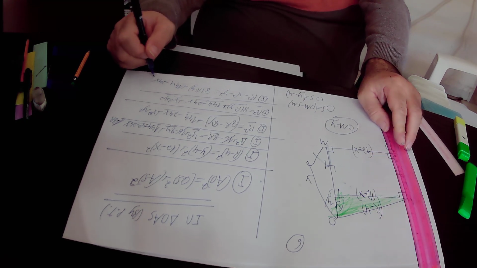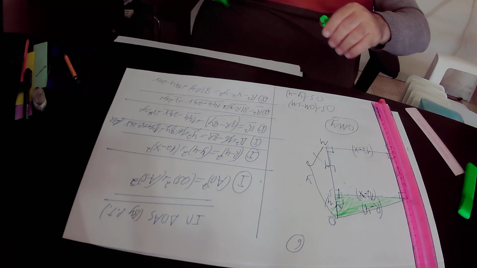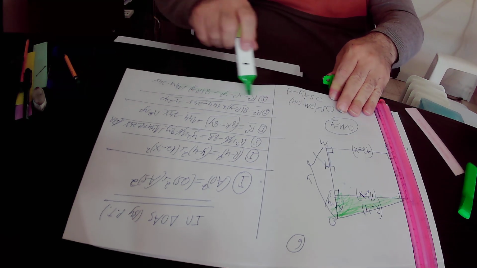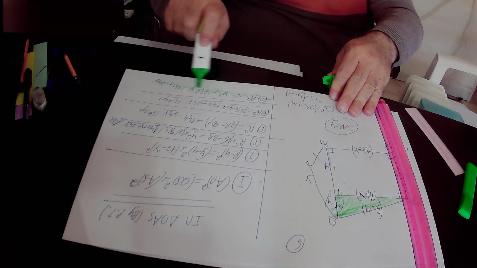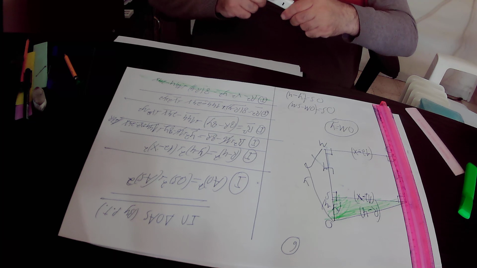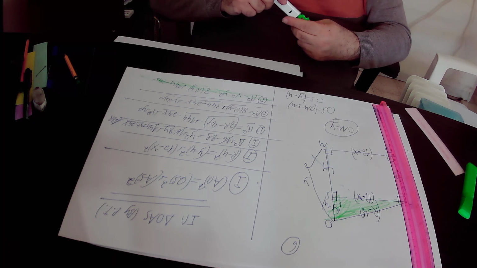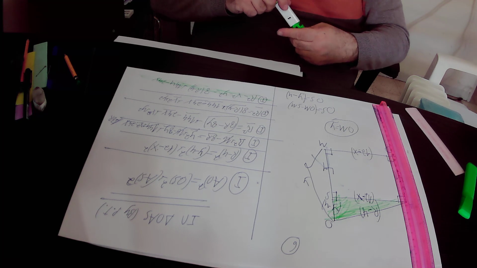So this is equation number 1, and according to equation number 1, R squared minus X squared minus Y squared equals 8 times (R minus Y) plus 144 minus 24X.